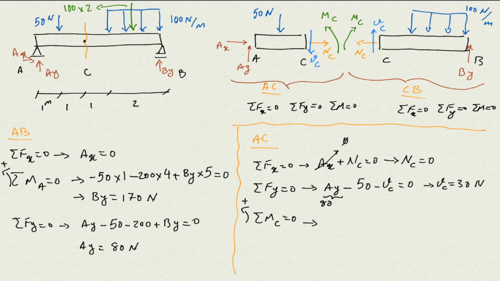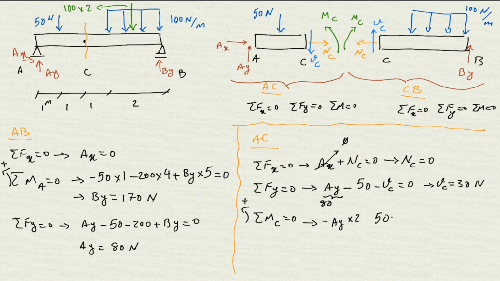So I will start with the Ay. I have Ay times the normal distance between Ay and C, which is from here to here, 2 meters, times 2. Ay wants to rotate about point C like that, so it's clockwise, so it's going to be negative. And then we have the 50 Newton, and the normal distance between the 50 and point C is just 1.